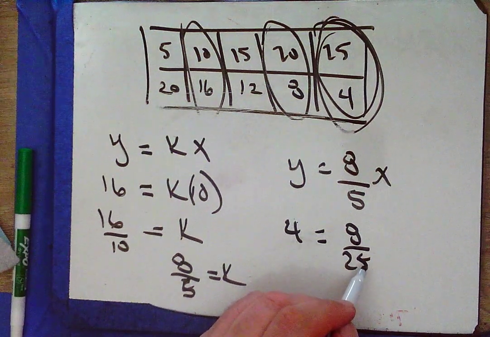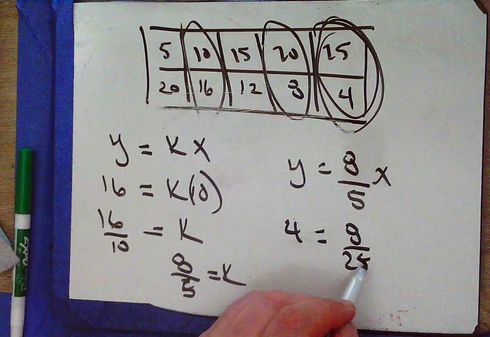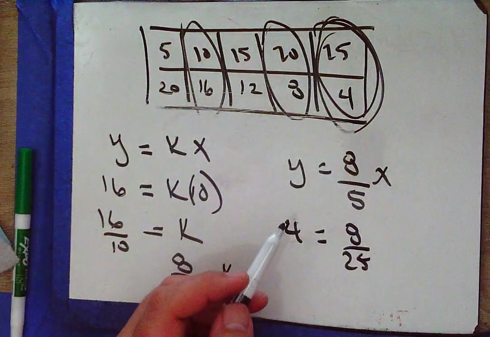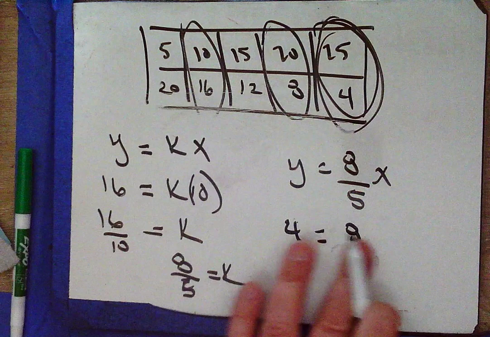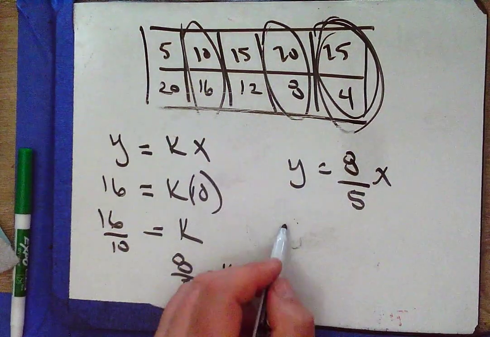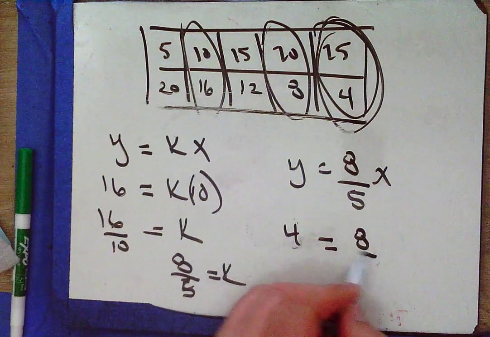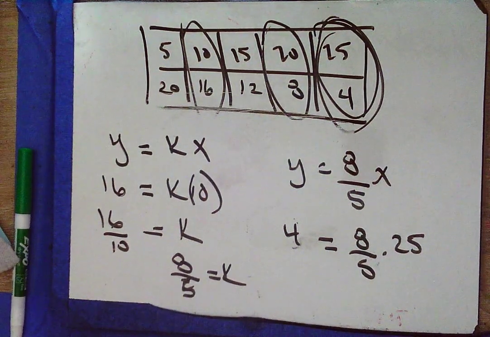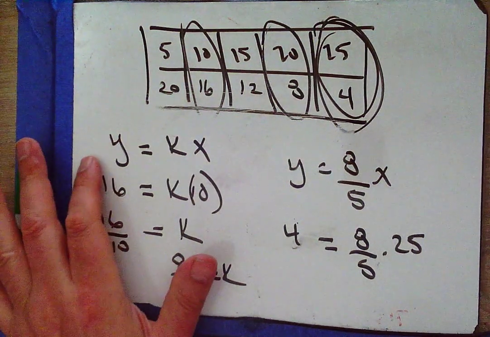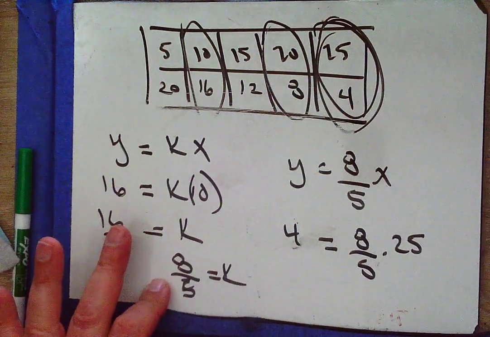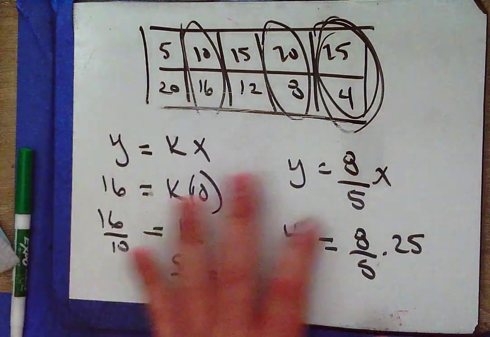Am I missing something here? Oh, it's direct variation. Sorry. I was missing something is the answer. Output is 16. I take a 2 out of each. That gives me my k.